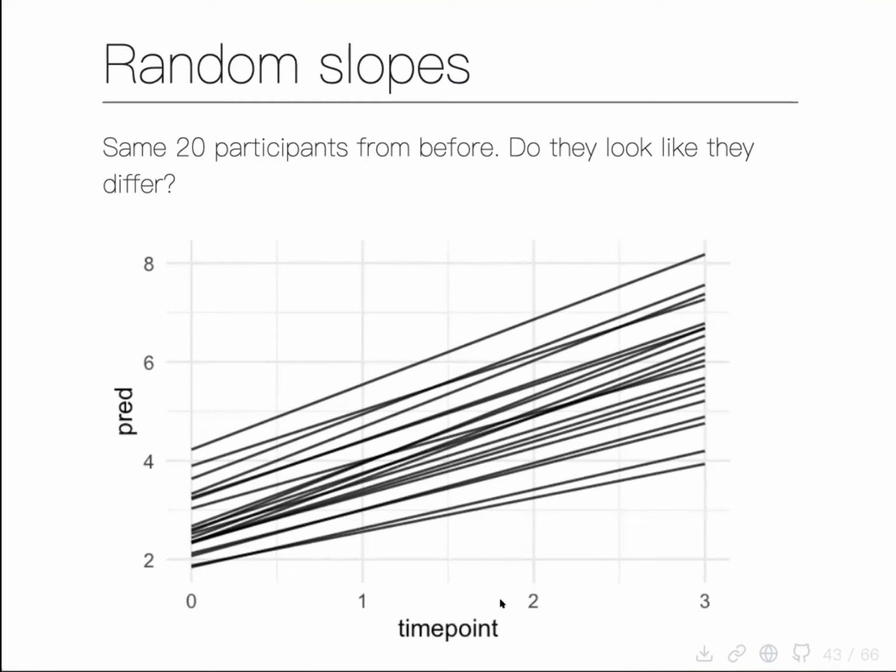Okay, same 20 participants from before. And now you can see that the slope of the line does differ across students. So we can visually look at this and say, okay, does that seem like it's worth it? It's hard to know, right? But there are definitely some differences there.